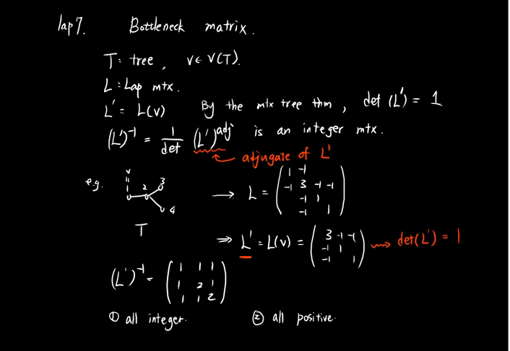So the question that we usually care about is: is there a combinatorial meaning of these numbers? For example, how do we get this 2?